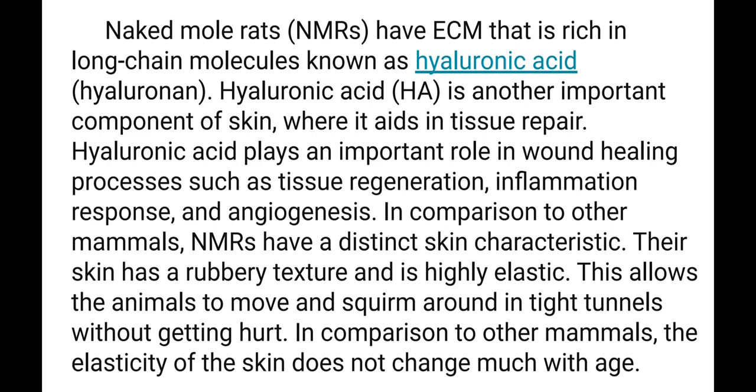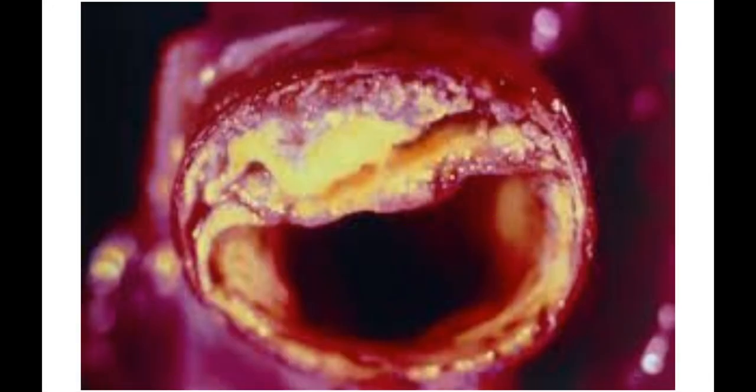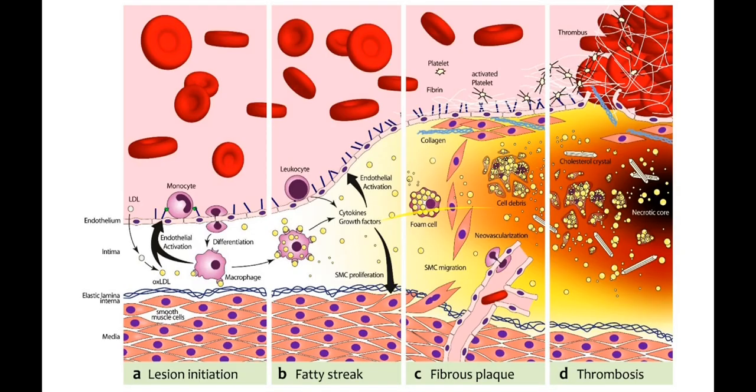Okay, sorry, I was talking about this, and this slide shows how this lipofuscin accumulates in the wall of large arteries, and so it is actually atherosclerosis. Okay, and this is again a schematic presentation of how atherosclerosis develops.